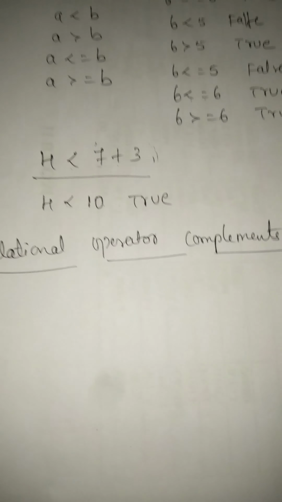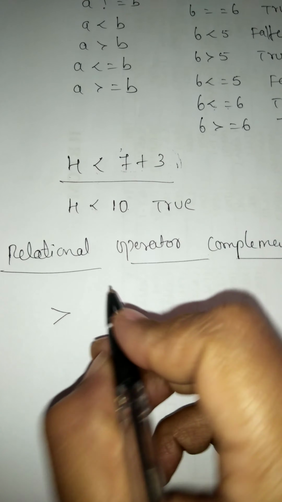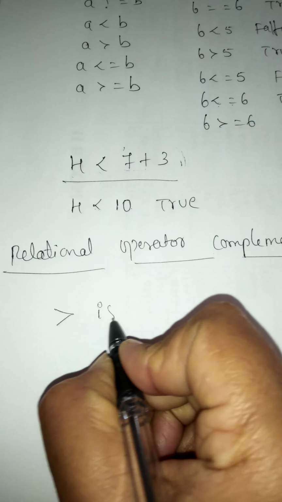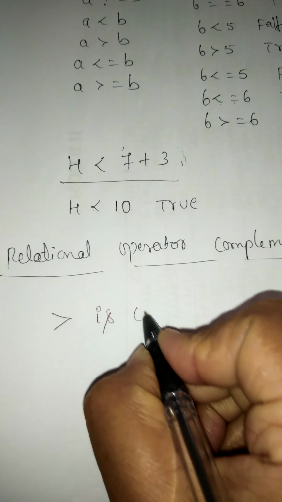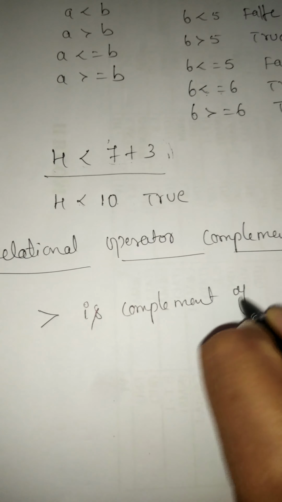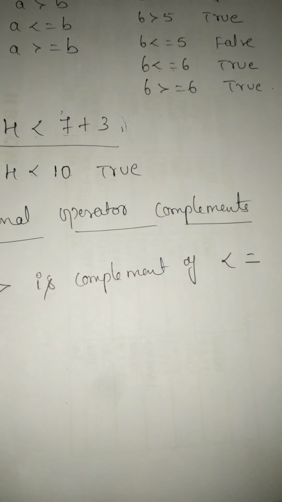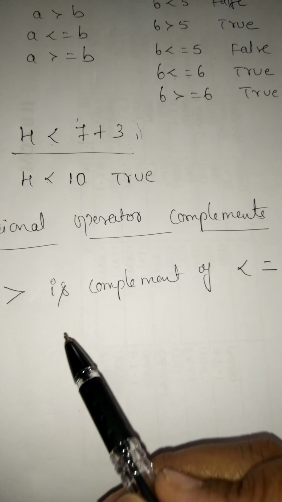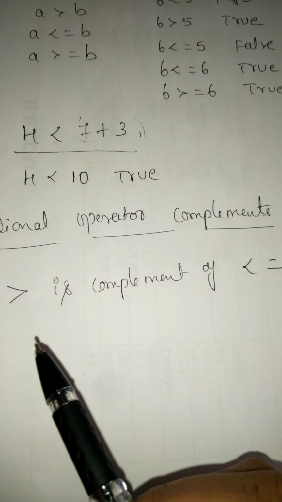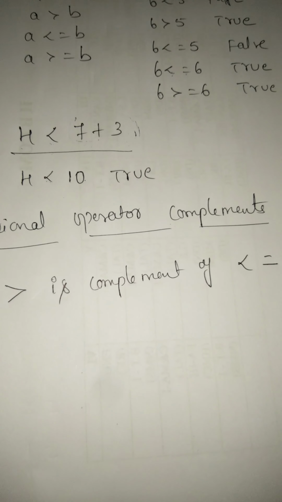For example, if I consider greater than, greater than is a complement of, complement means its opposite, less than or equal to. Greater than is a complement of less than or equal to, meaning if the expression we are evaluating is not greater than, then it is less than or equal to.